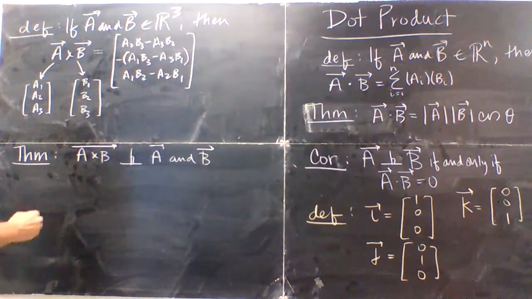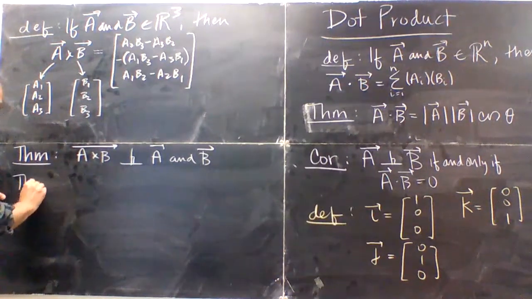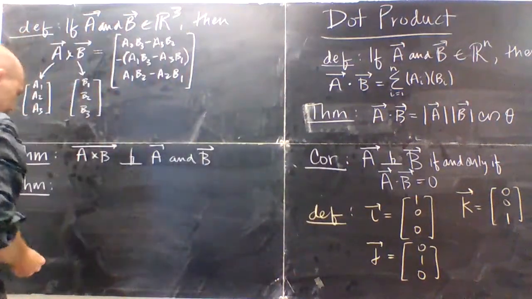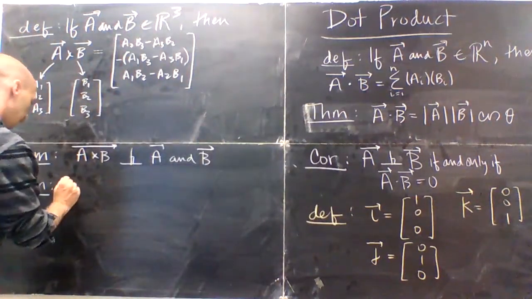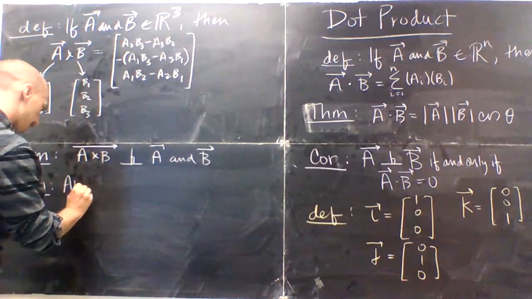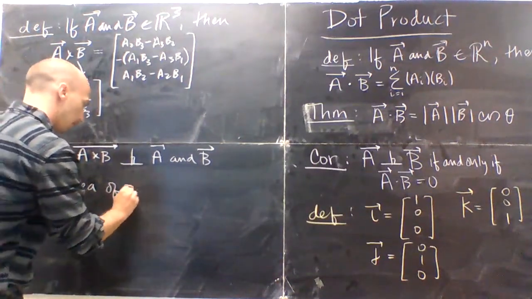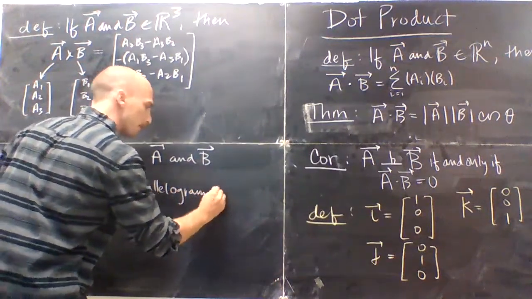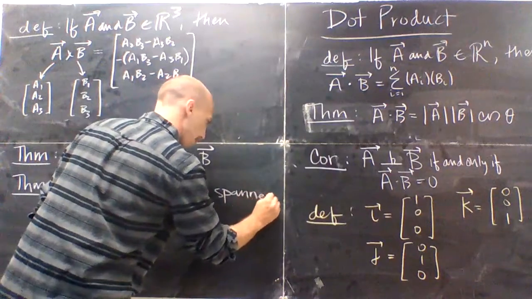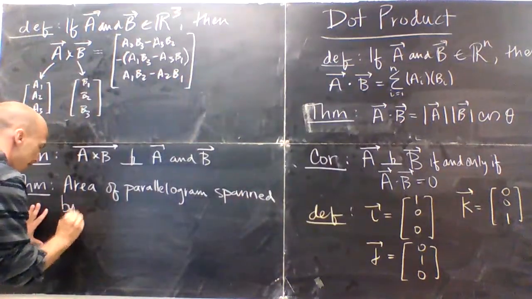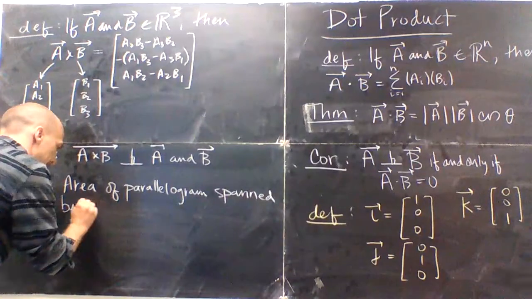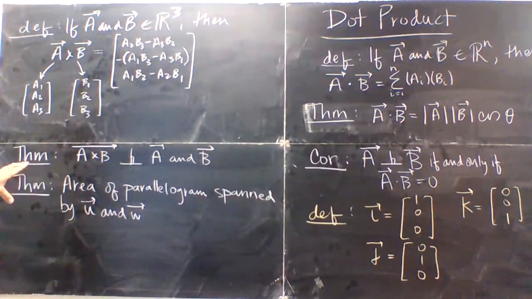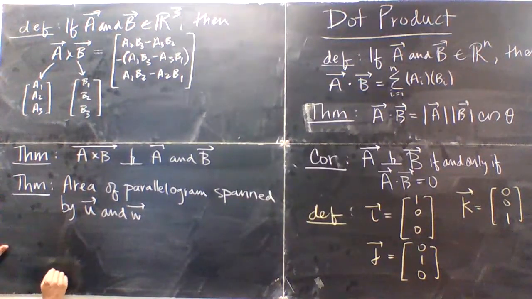Okay, area. This is the last thing, and this is something I didn't quite hit in class with people sitting in front of me. But if the area of a parallelogram... Okay, so we can find the area of the parallelogram spanned by two vectors u and w.